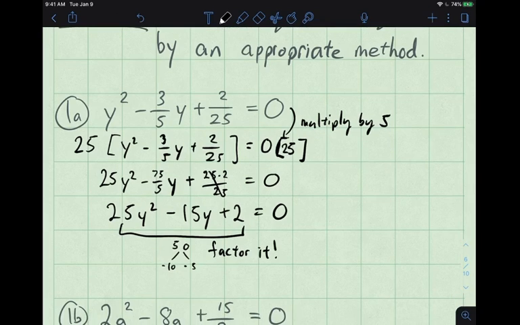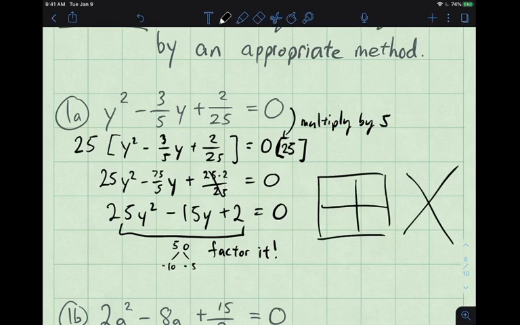So then you have, let's see, might as well draw out the box and the diamond. Okay, this one was multiplied to 50y squared.